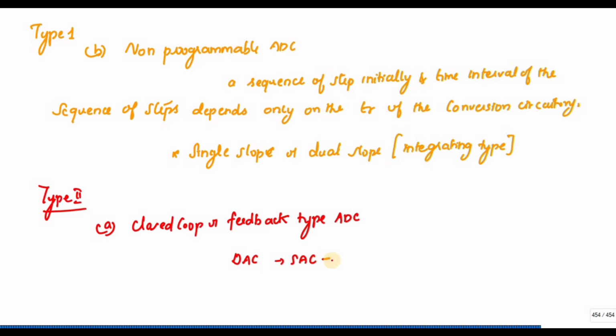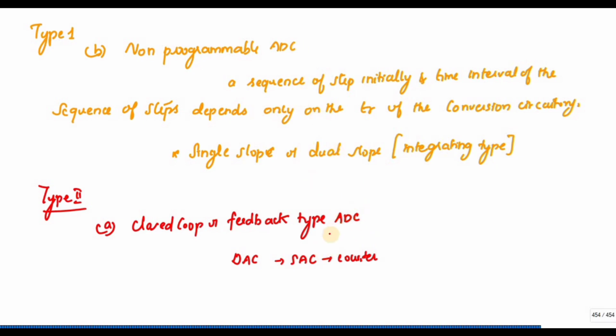And you can see the counter type ADC also has a DAC. Here the analog voltage which is generated internally as a function of digital input is fed back to one of the inputs of the comparator. This voltage is compared with the analog voltage under conversion. Whenever the input voltage and the feedback voltage are equal, the conversion is completed.